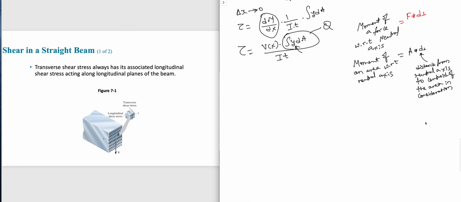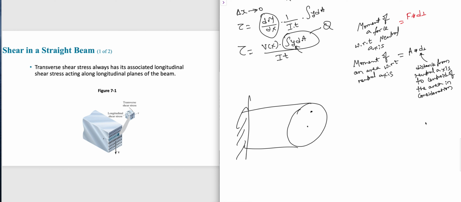Let's say this is the cross section, a rod that is somehow rigidly attached to the left side. Then if I ask you what is the shear stress at that point, not at the center, but at that point?